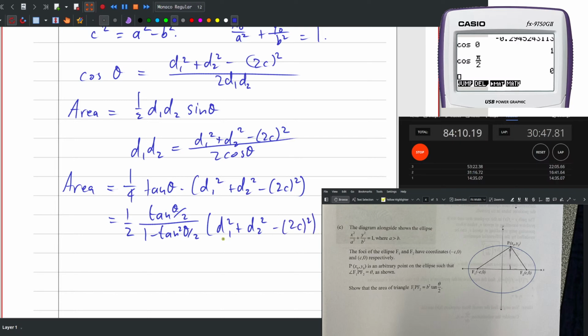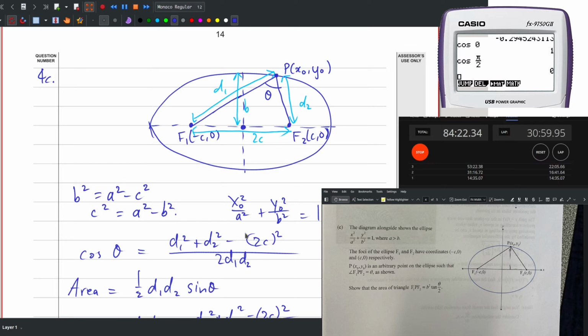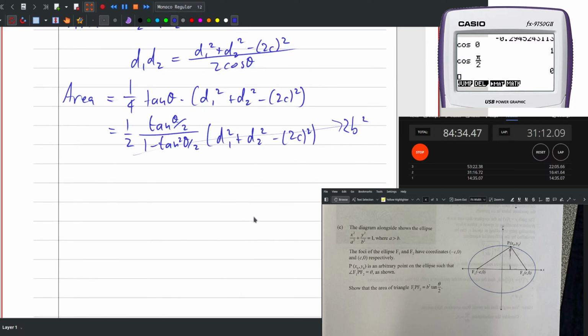And then you just have to hope that these cancel and then become 2b squared, or something like that. I mean, I buy it, but fuck it. Let's just do it.